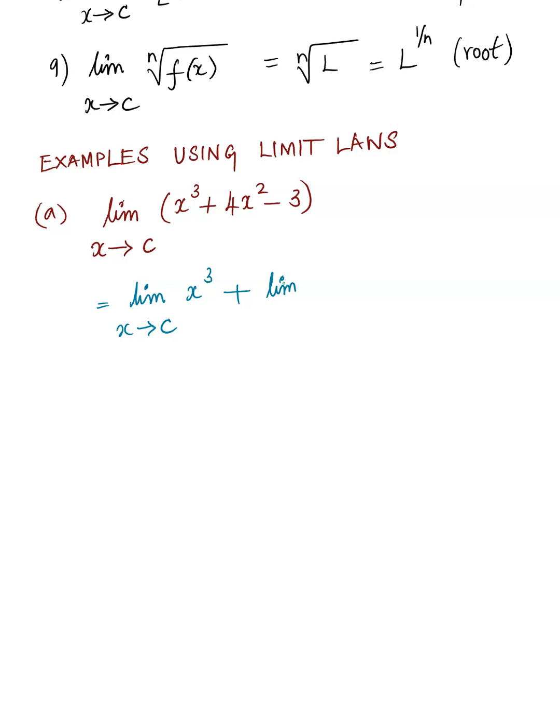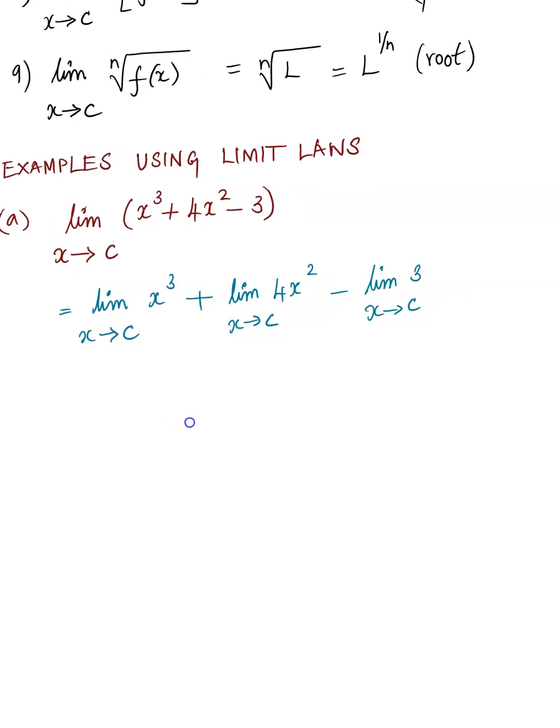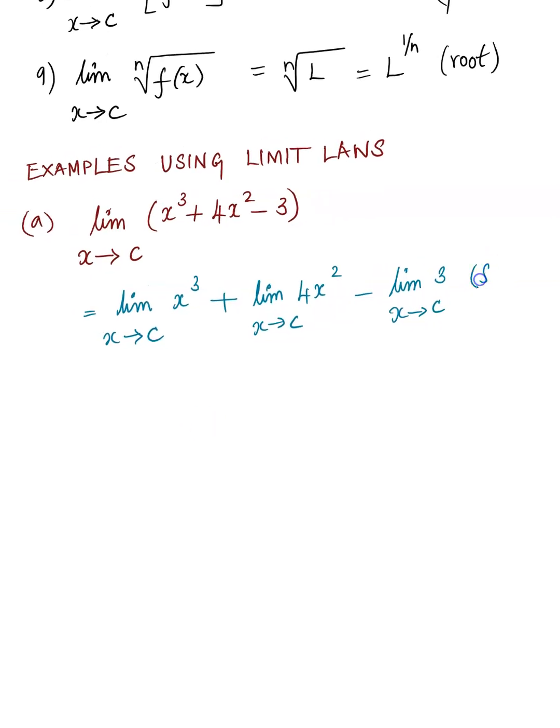But it's as if you were distributing the limit, okay? So you are taking the limit for each function, minus the limit of 3 as x approaches c. So if you recall, the rule that we used here was the sum rule, right?